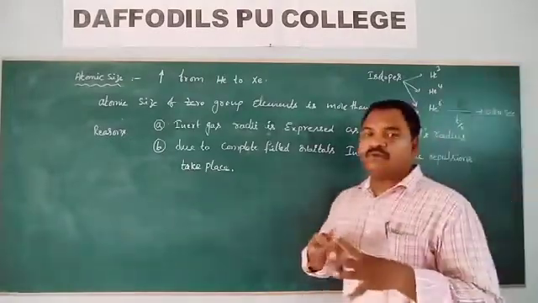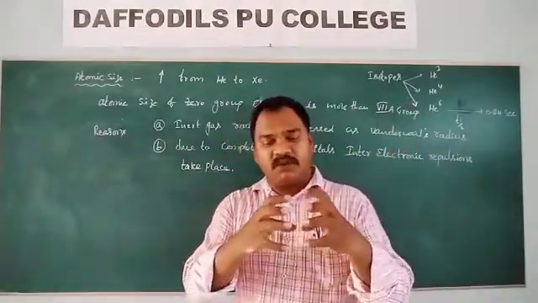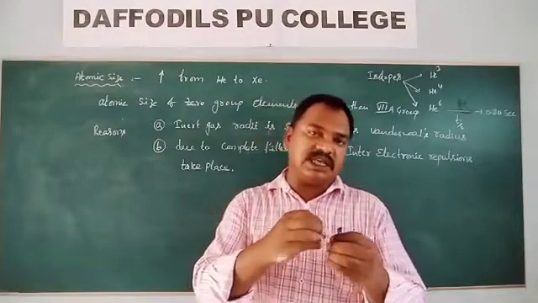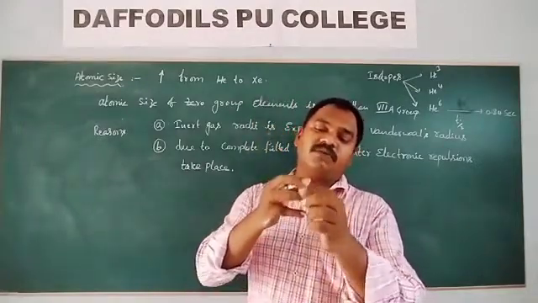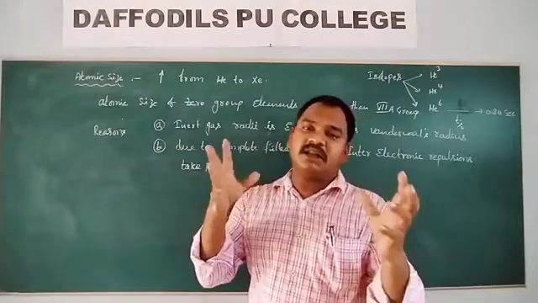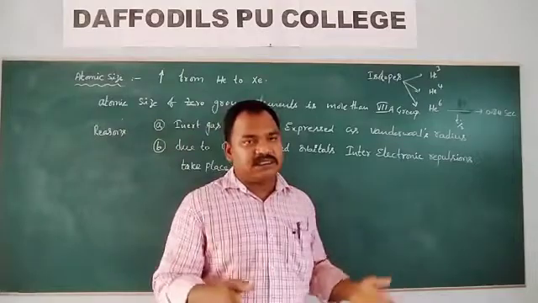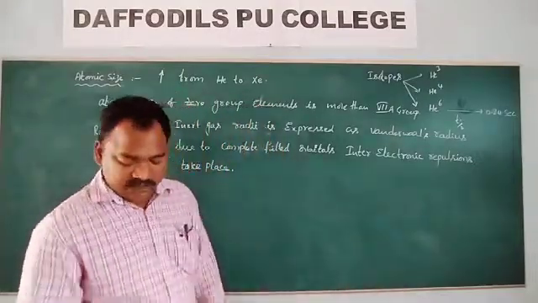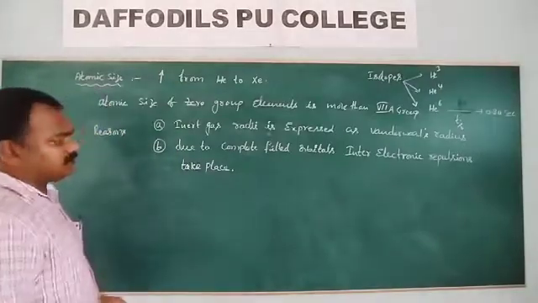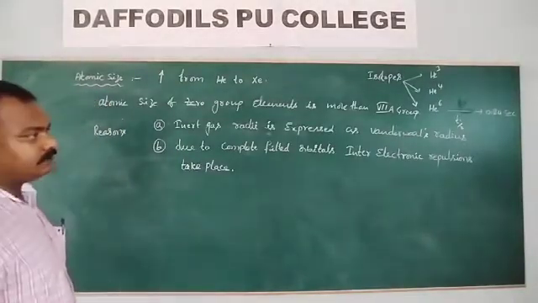When repulsion takes place, electrons move away from each other. When electrons move away from each other, what happens to the size? The size increases. So this is the reason why inert gas atomic size is greater than seventh group elements.